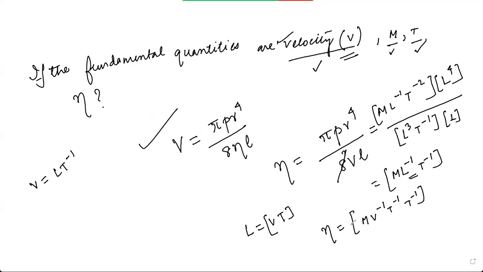In place of L to the power minus 1, we have put VT. So M V to the power minus 1 T to the power minus 2. This is the dimensional formula of eta, the coefficient of viscosity, in terms of the fundamental quantities velocity, mass, and time. So these are all about the different dimensional analysis. Thank you.